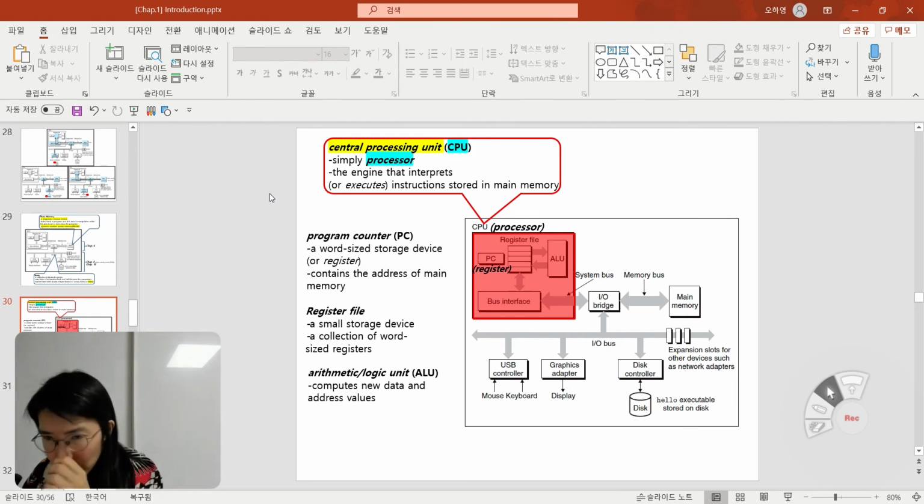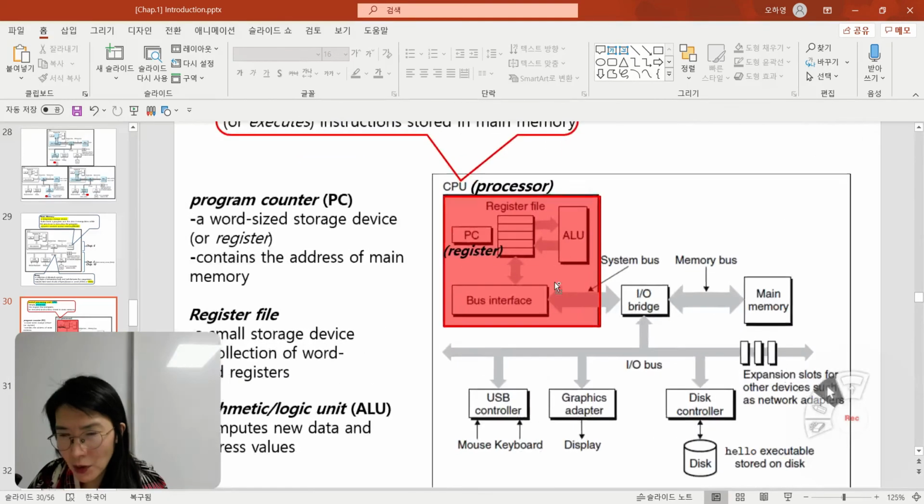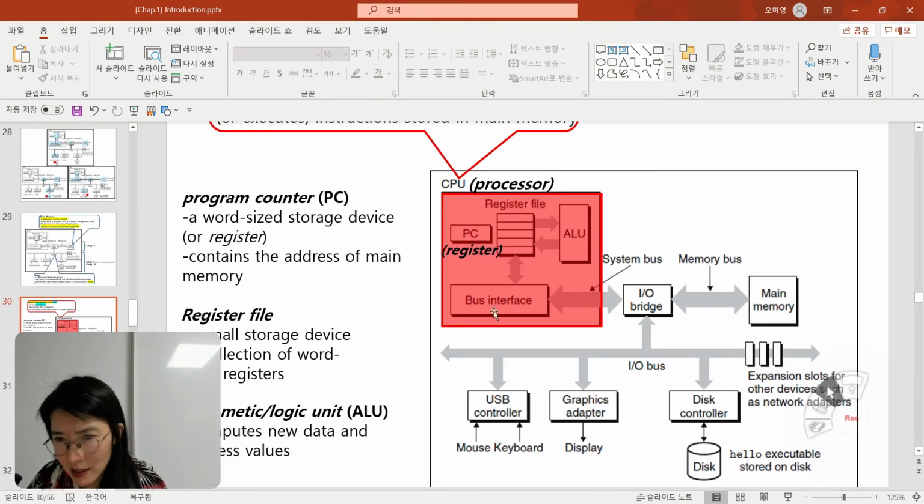So when you take a look at the CPU, there are the PC, register file, and arithmetic logic unit. So please focus on the red box. Okay? So please close your eyes and memorize all by yourself. The CPU is composed of PC, register file, and ALU.